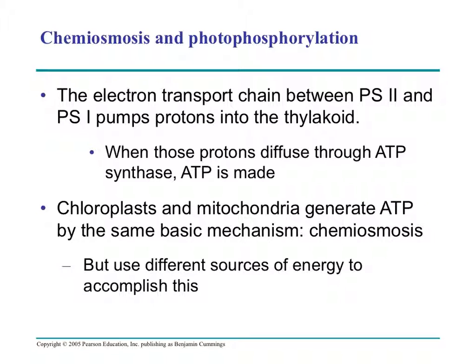But remember, the sources of energy are very different. The source of energy when we're talking about photophosphorylation and photosystems 1 and 2 is the light energy that is exciting those electrons as they're being passed along between the photosystems. In cellular respiration, the source of the energy is the breakdown of an organic molecule, specifically glucose.